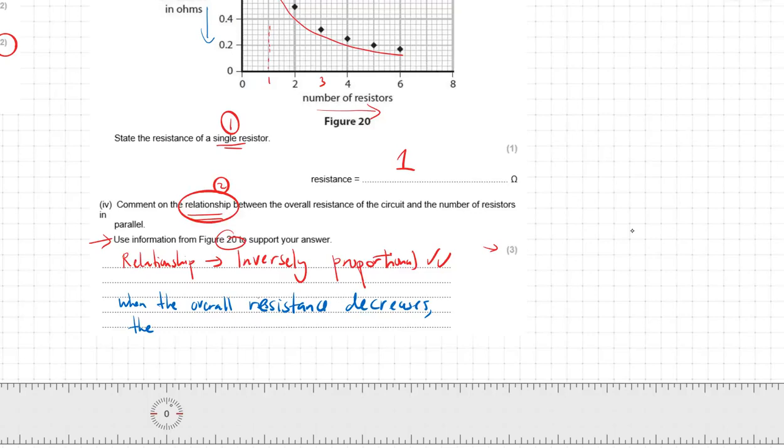The number of resistors increases. That's it. So here we are using the graph telling us what's happening.